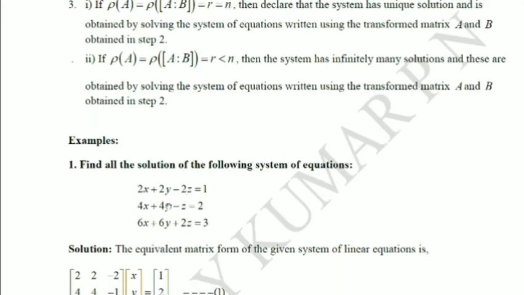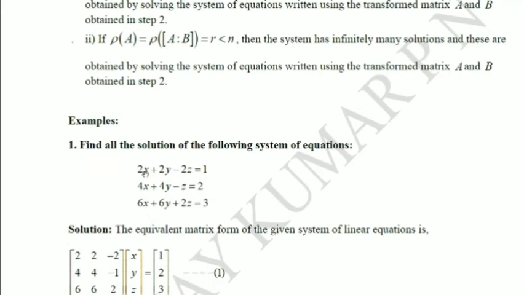We know that we have to write this in equivalent matrix form. Write the coefficients: first row 2, 2, minus 2. Second row 4, 4, minus 1. Third row 6, 6, 2. And write the variable matrix as a column: x, y, z. Because if you multiply this, you should get the old system of equations.